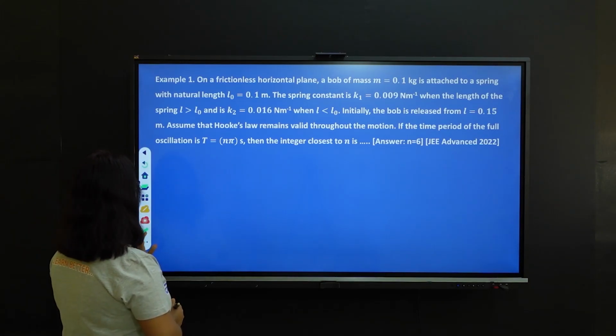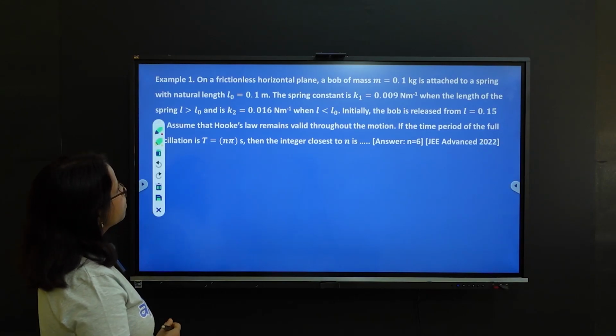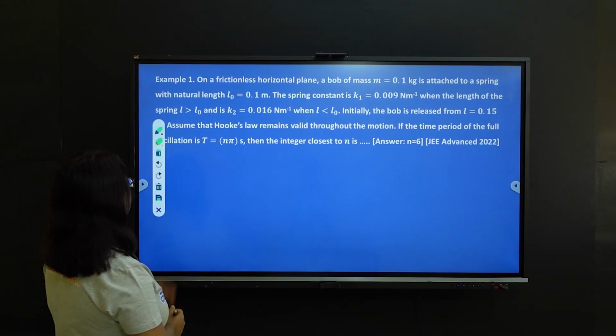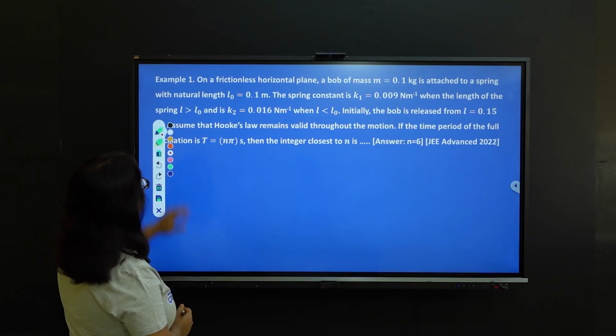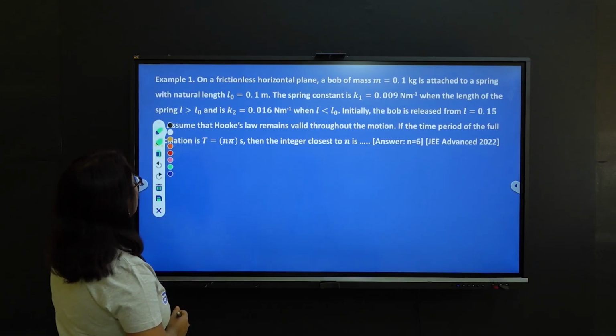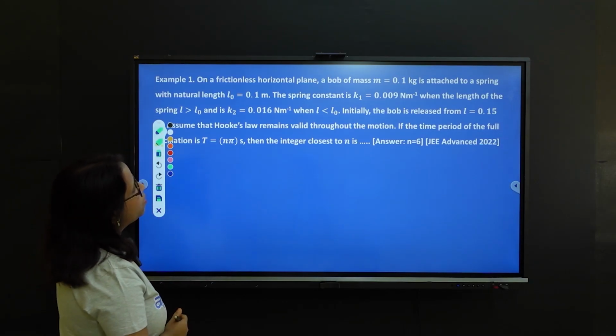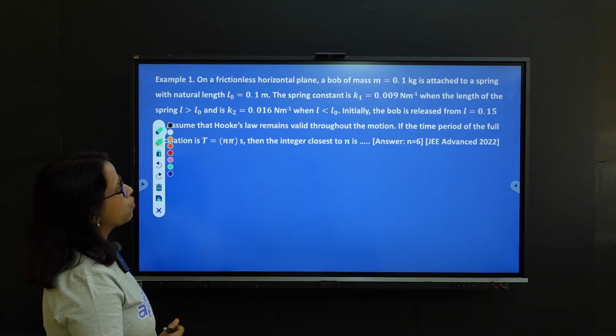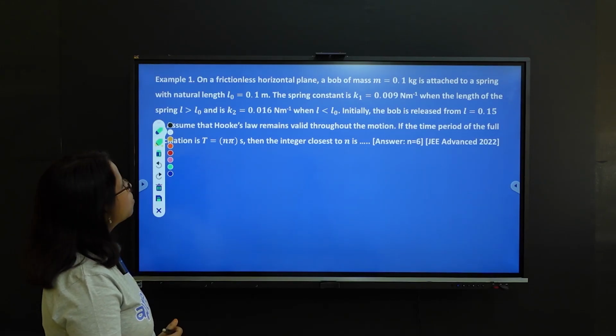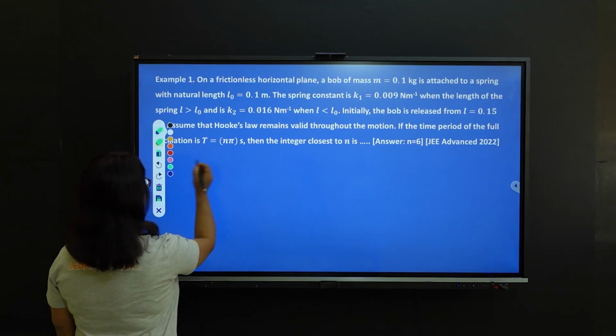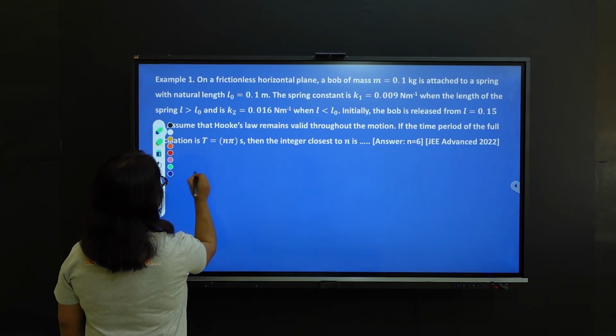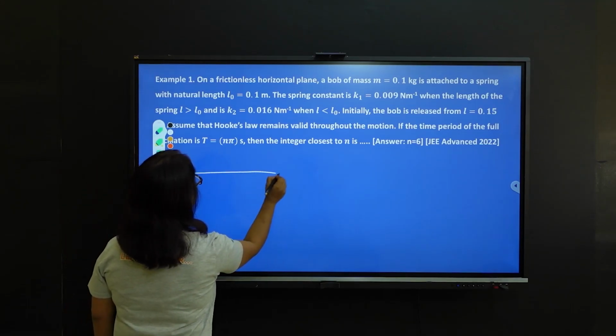So, we are talking of motion of a spring here. There is a horizontal plane on which there is a bob, and that bob has a mass of 0.1 kilogram and it is attached to a spring. So, let us visualize this. We have a horizontal plane.